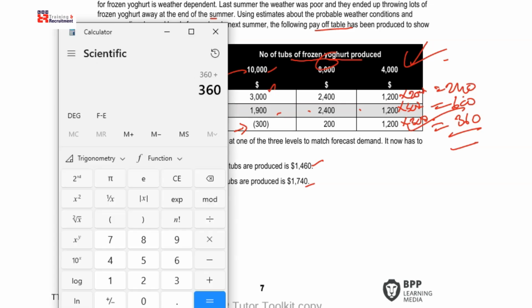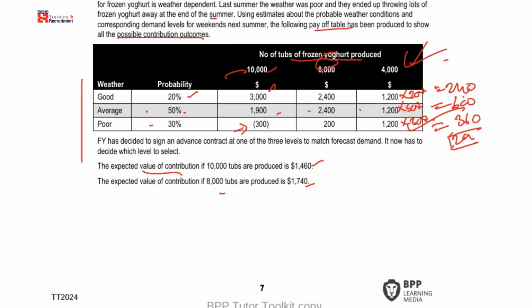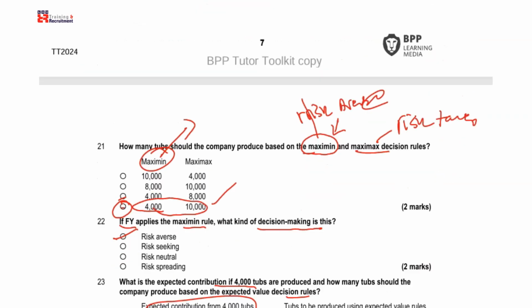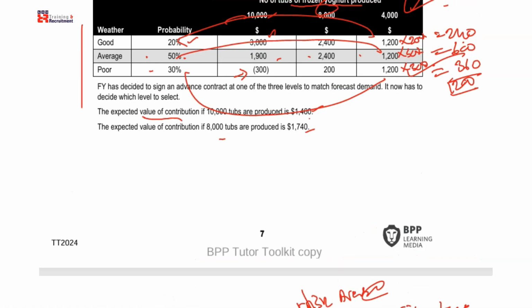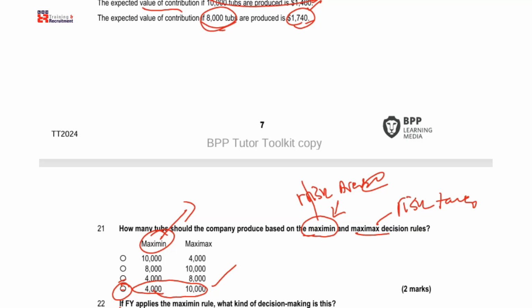So 360 plus 600 plus 240, 1,200 is my expected contribution. Yeah, let's multiply these with that to get the expected contribution. 1,200. Do you have some figure? Oh yes, here about this one and this one, isn't it? So it is giving you 1,200 at 4,000, 1,400 something, and 1,700. So of course I'd like to produce this 8,000, isn't it, to maximize my contribution.